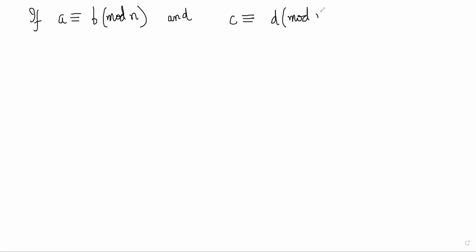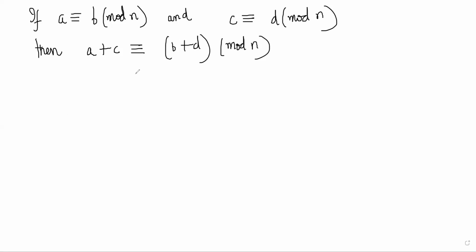The next thing is some properties of congruences. So if a is congruent to b mod n and c is congruent to d mod n, then we can say that a plus c is congruent to b plus d mod n.